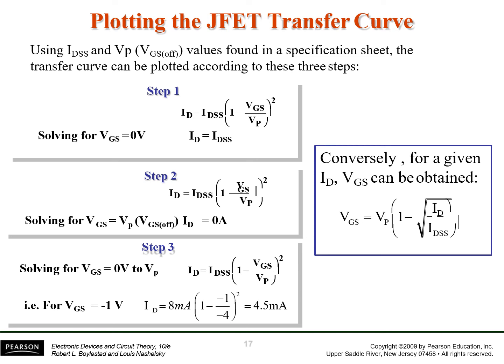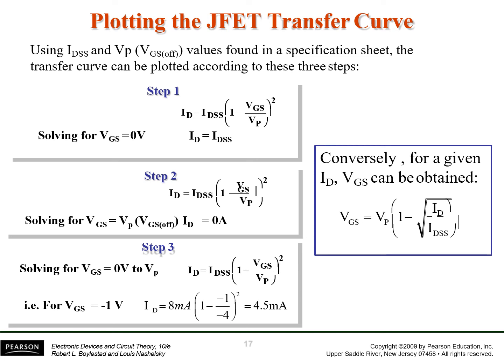In the second step, we have ID equal to IDSS into (1 minus VGS over VP) whole square, and we put the value of VGS equal to VP, or the pinch off voltage. In that case, ID would be equal to 0, because in this case the current cannot increase from 0, whatever the value of the voltage between the drain and the source is.